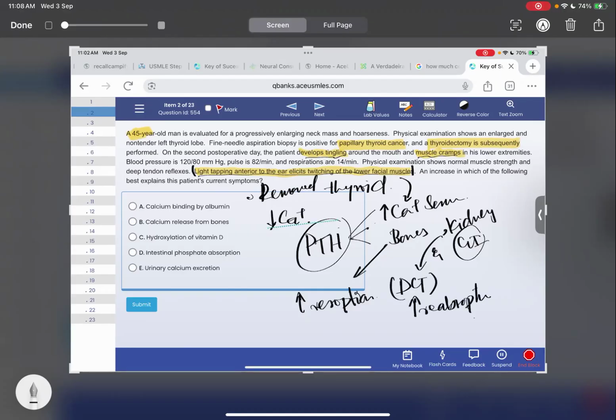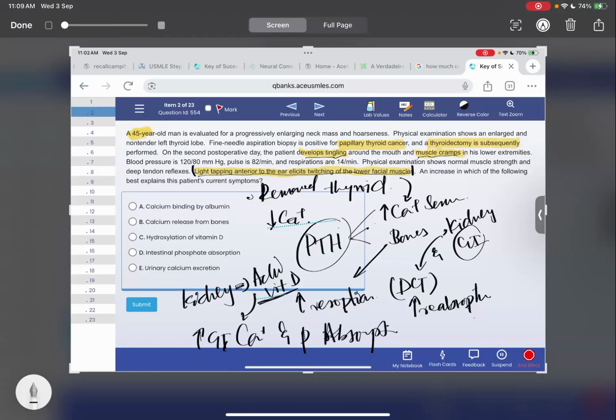What you are talking about is the GI. Kidney produces active vitamin D, 1,25 cholecalciferol, or we can say 1,25 dihydroxy vitamin D. So it is activating vitamin D, which is responsible for increased GI calcium and phosphorus absorption.